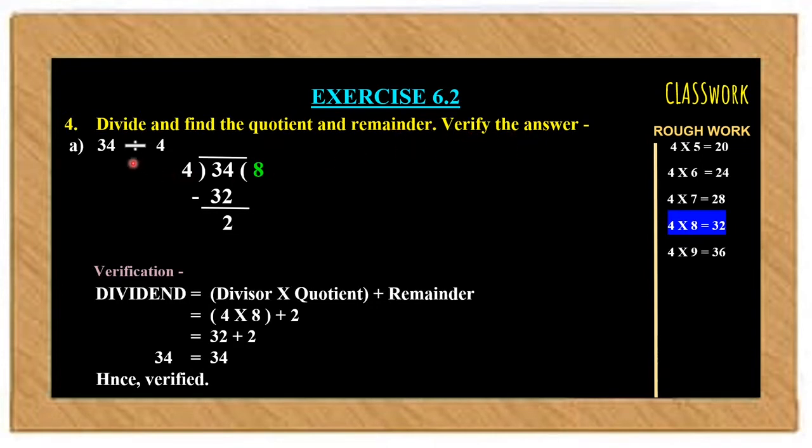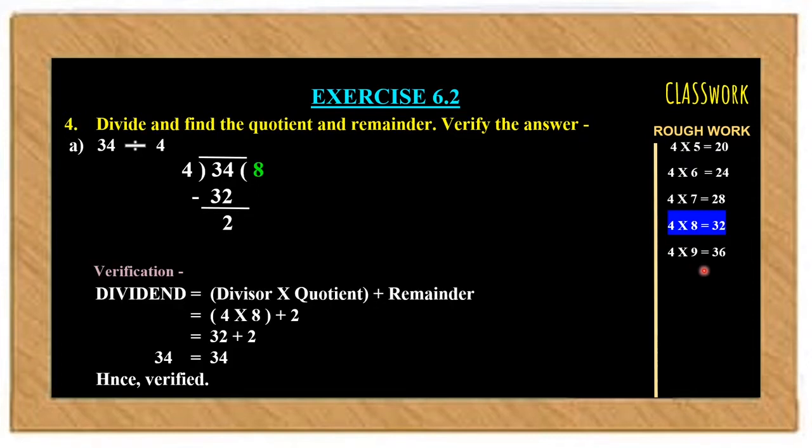The A part says 34 divided by 4. As we have already understood the long division method, children, in questions 1 and 3, we will write the numbers appropriately in between the signs. We will then remember the table of 4 and find out if 34 comes in the table of 4 or not.